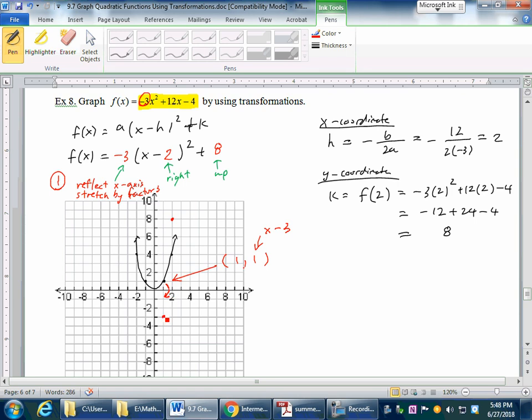Here's a point. Now I'm going to shift to the right 2 units and then shift up 8 units. So 3, 5, 3, 5 here. So I got my new points already.